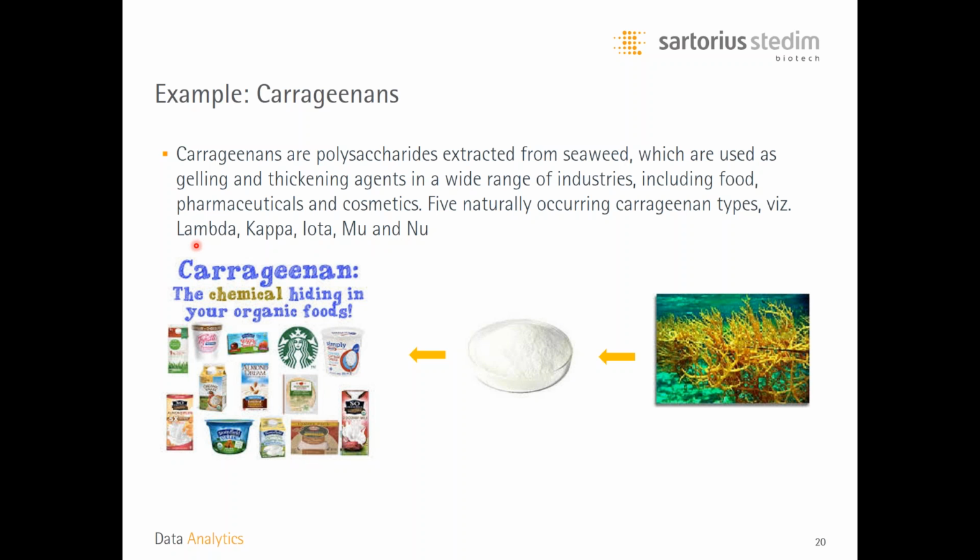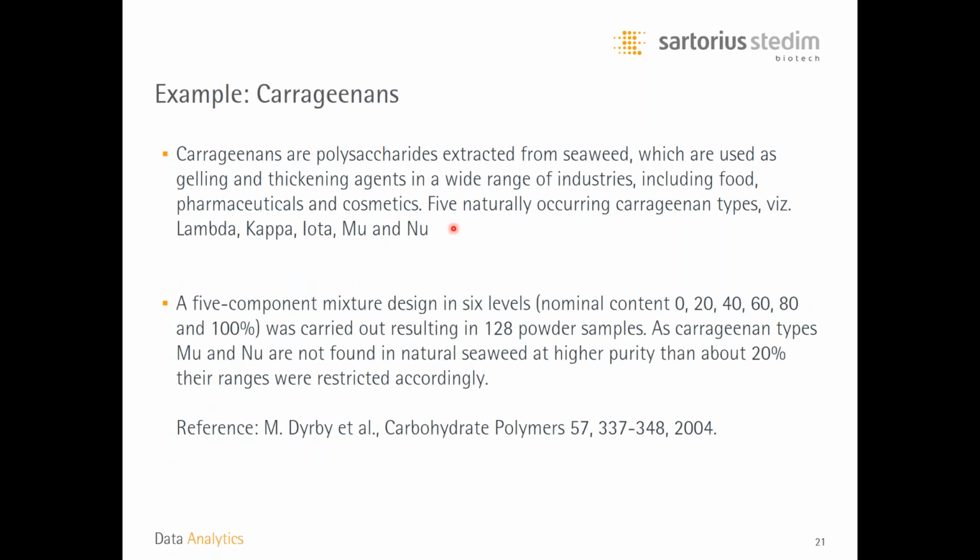For instance, if we look at the lambda, kappa and iota varieties, they differ in terms of how many sulfate groups they have per disaccharide moiety in the carrageenans. The example that we're working with has an original literature source, which is this one, Carbohydrate Polymers.